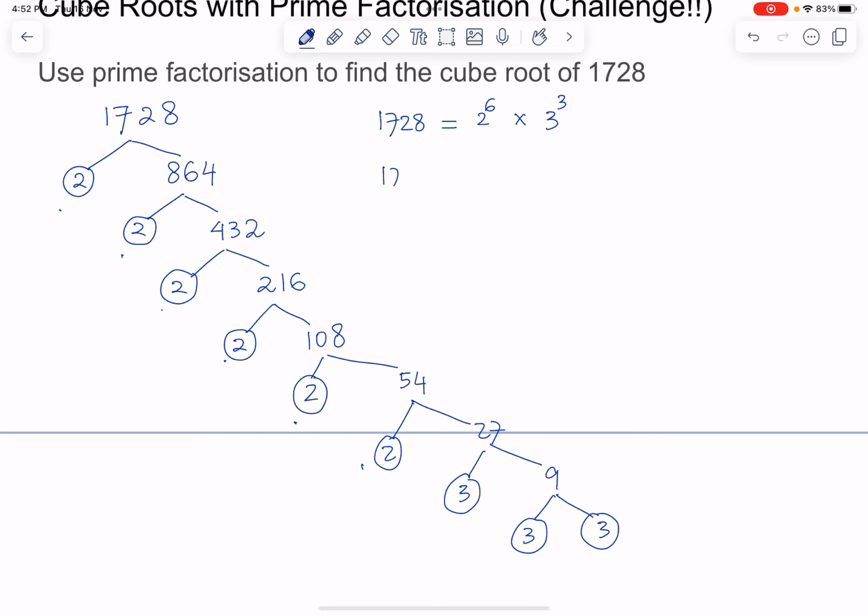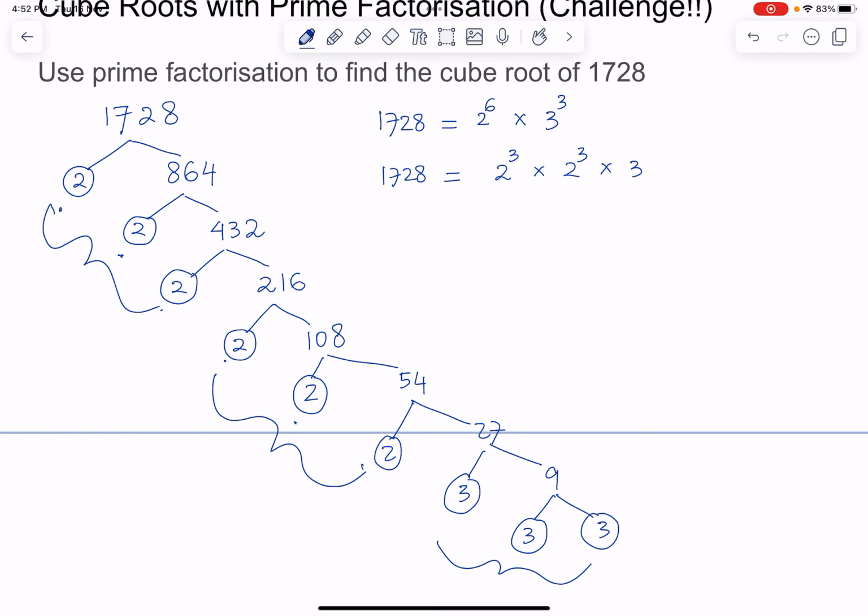Or if I would like to actually write it in the cube way, then I write this as 2 cube times 2 cube, do you see that? So 1, 2, 3, that's 2 cube. Okay, and here is another 2 cube, and the last part is actually 3 cube. Do you see that? Yeah, so we can actually write it this way, right?